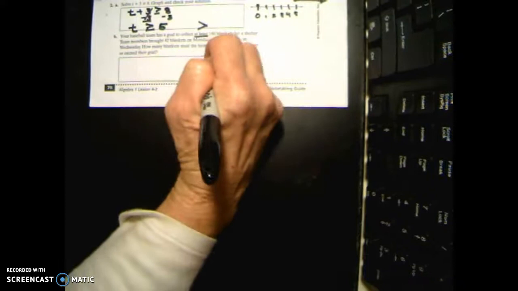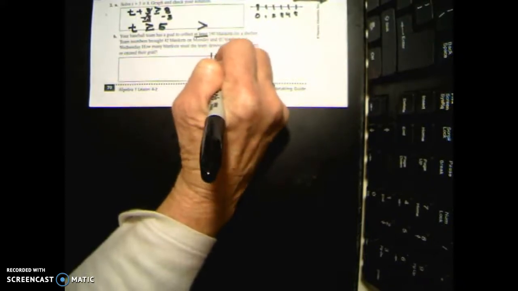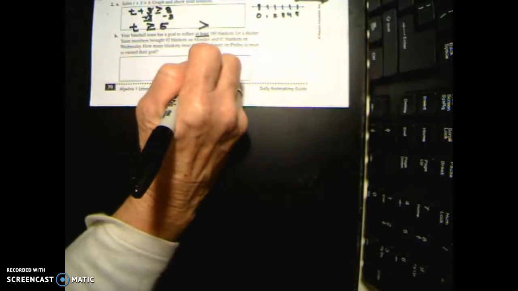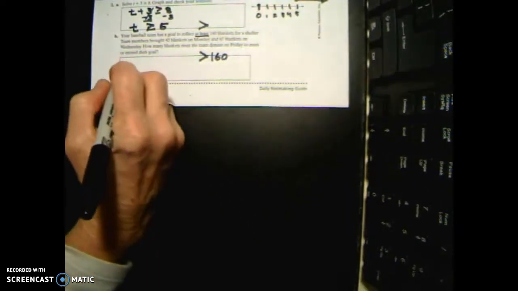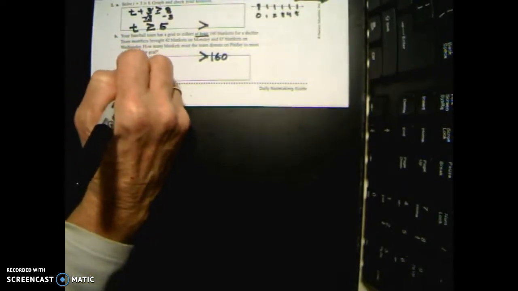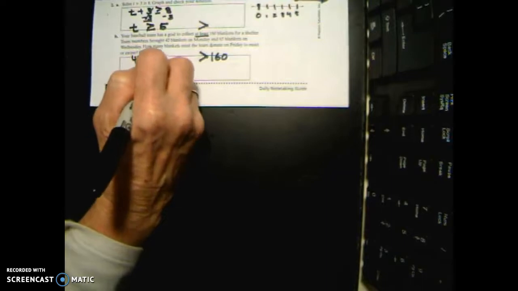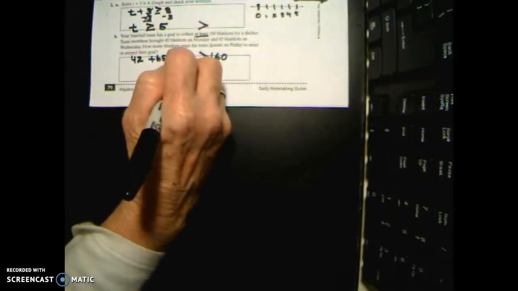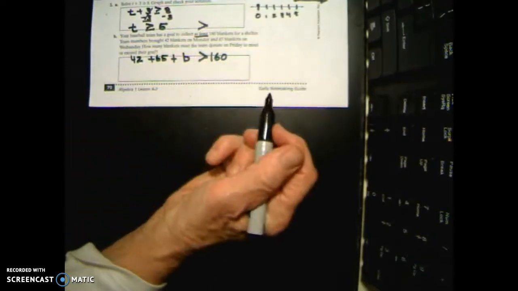We know that on the left side of the equation, it has to add up to be greater than, but not equal to 160. So we brought 42, and then we brought 65, and then we have some, let's call it B for blankets. All these added up have to be bigger than 160.